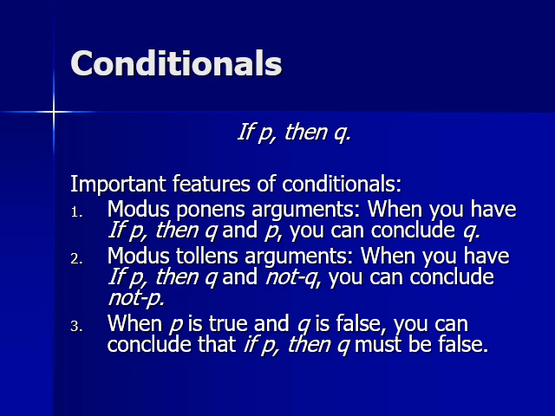Now, if we go on a little bit from here, we're going to introduce something new. Logicians have defined a particular kind of conditional, which we'll call a material conditional. It has all three of the features that we just talked about, but it's still not quite like the conditional in ordinary English.